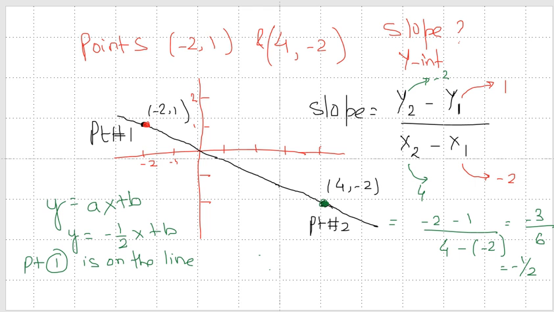Yeah, let's just be careful. So the value of y in this case, I'm looking for y1, is equal to 1, right, for point 1. And for point 1, the value of x is minus 2.